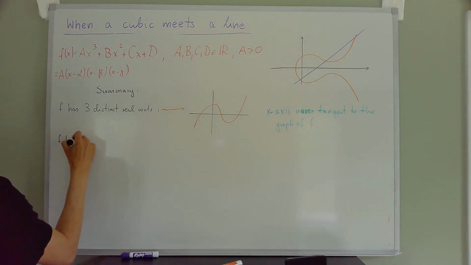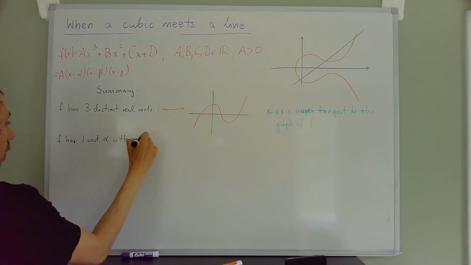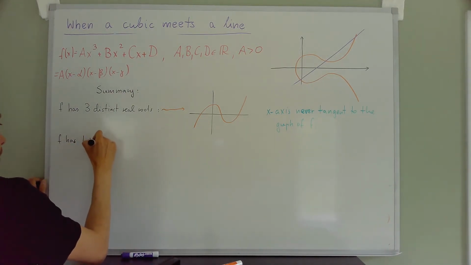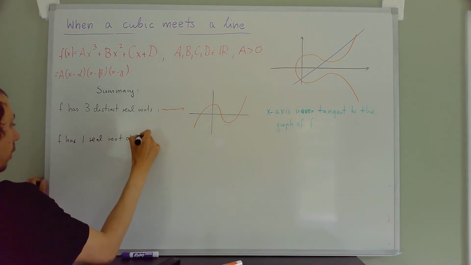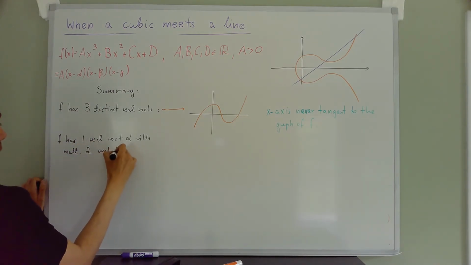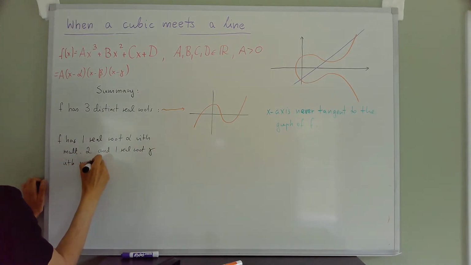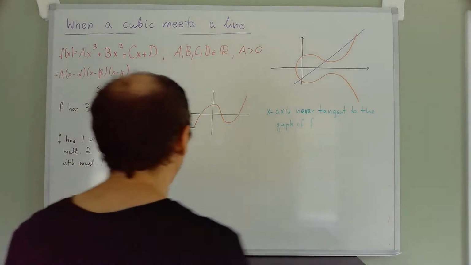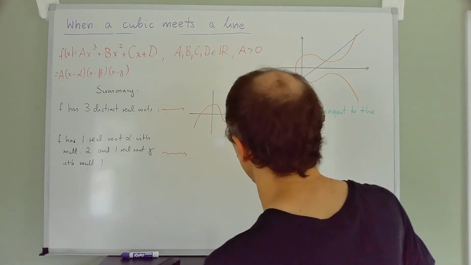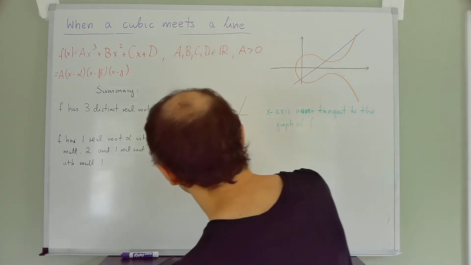So f has one real root alpha with multiplicity 2, and one real root gamma with multiplicity 1. So what do you get then? You get this.